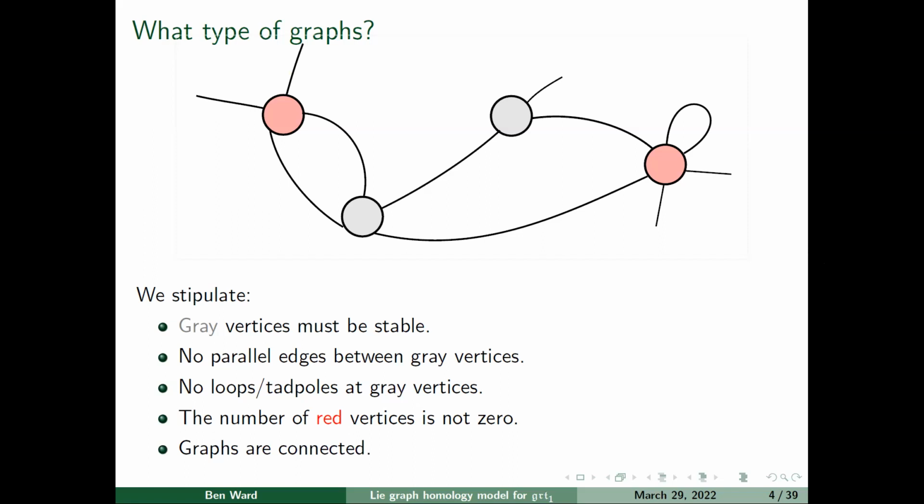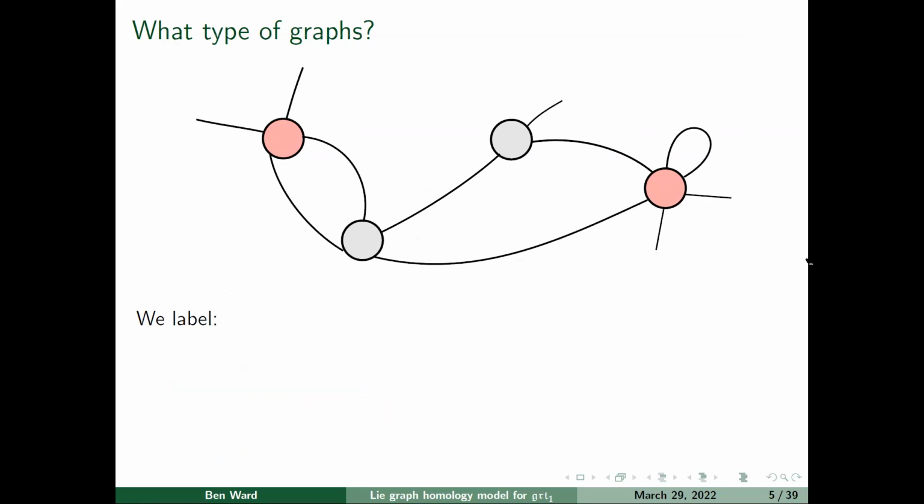Of course, please feel free to interrupt me with questions anytime. And then we'll put some labelings on this graph. So the first thing is a genus, which will label the red vertices. And the genus is just a name. So it's a positive integer associated to each red vertex.